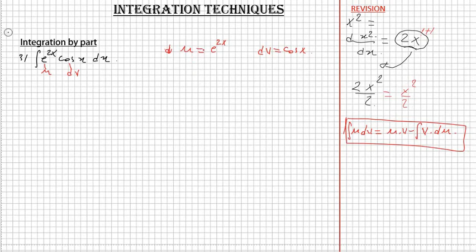If u is equal to e to the power of 2x, then the derivative of u will be 2e to the power of 2x. I need to have both u and its derivative. Same thing for v: if I have the derivative of v, I also need v. To get v from the derivative, I just need to integrate the function.